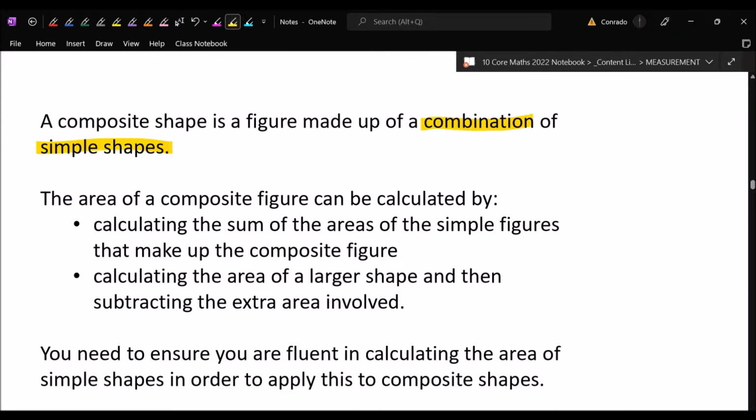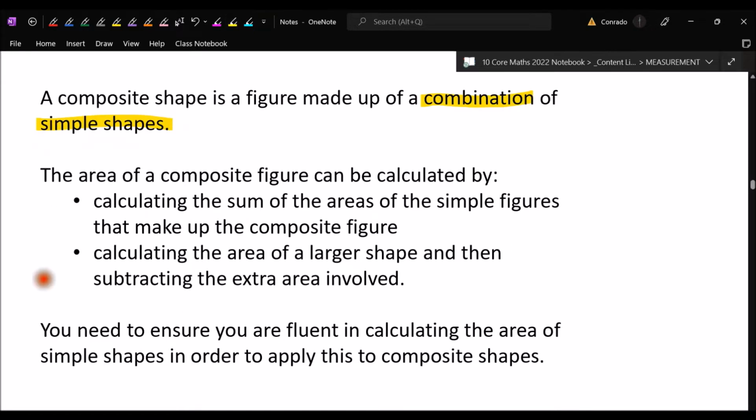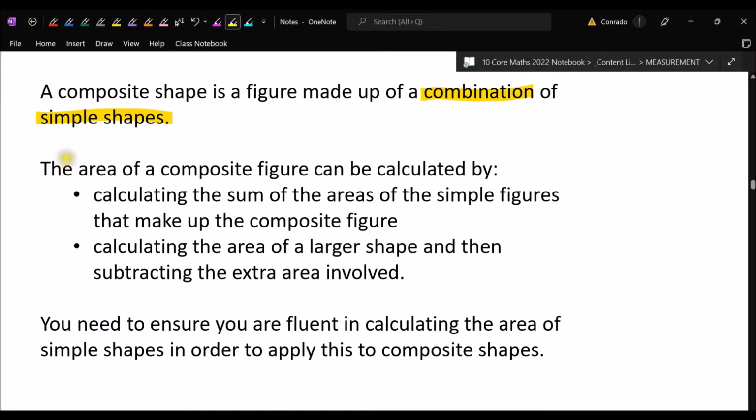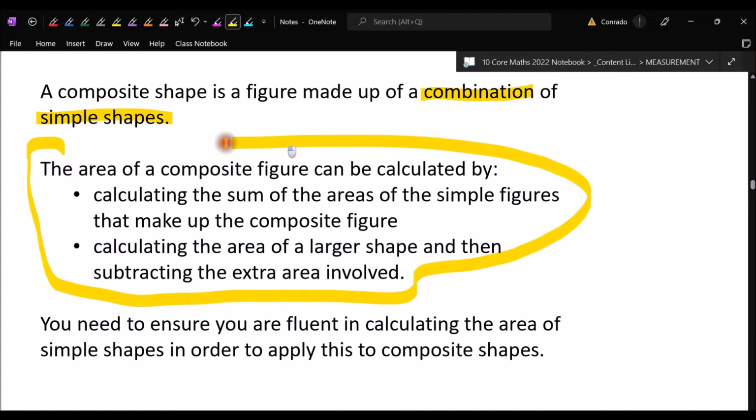So finding the area means just finding the areas of those simple shapes and then adding them together. In summary, that's what this all means: calculating the sum of the areas, adding it all together. But one of the tactics that you can also use is finding the area of a large shape and then subtracting the extra area that you either need or you don't need, depending on the question.